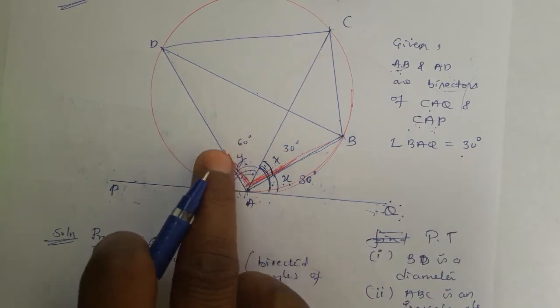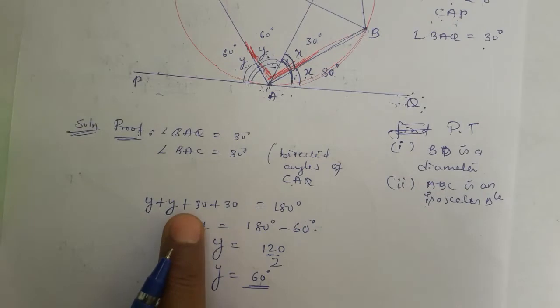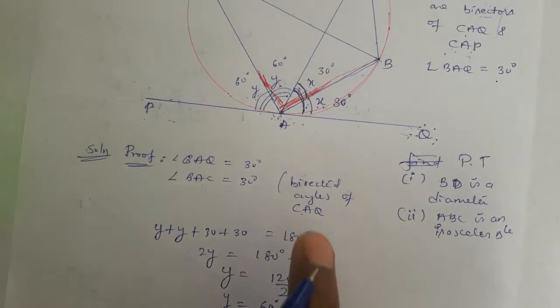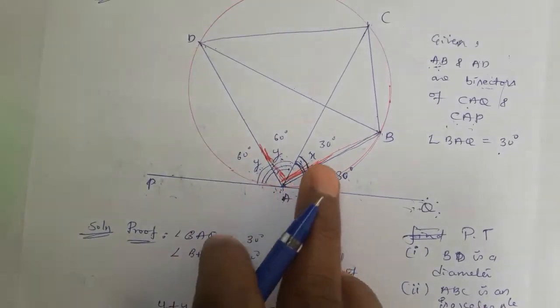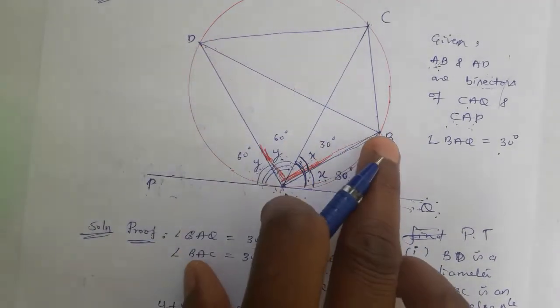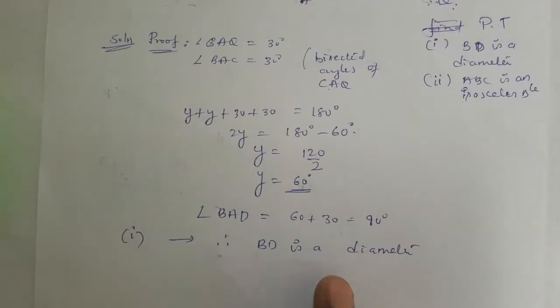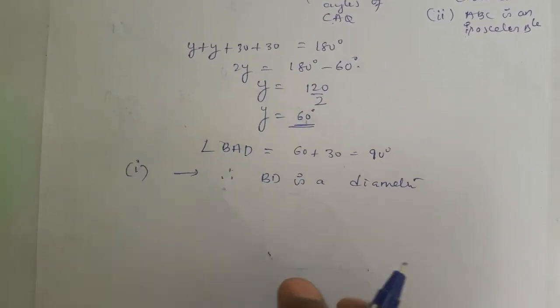These two 60s got by the straight line angle, that is the straight line angle is equal to 180 degrees. There we got y also. After writing y on the diagram, we came to know if BD is the diameter, your angle should be 90 degrees. Even 60 plus 30 got as 90 degrees, therefore BD becomes a diameter.